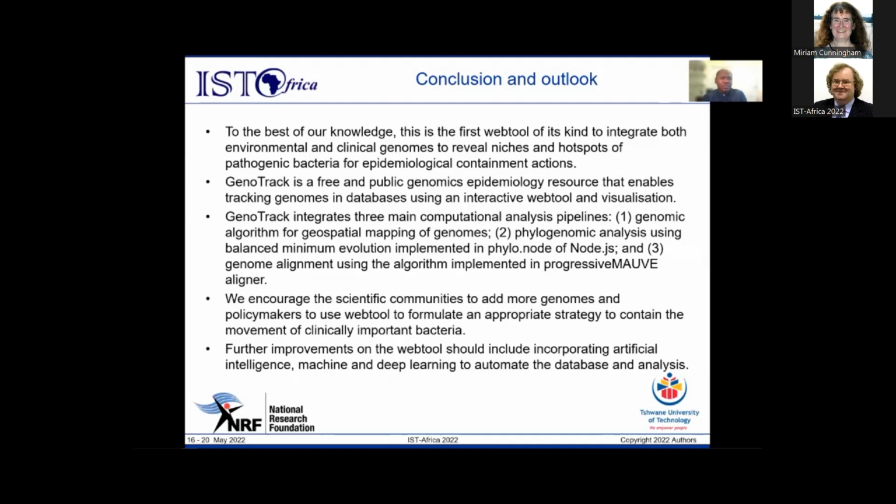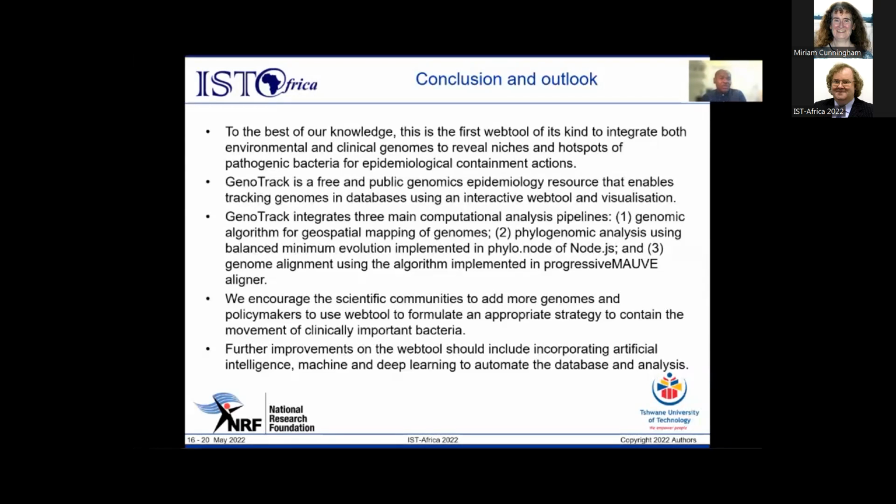GenoTrack integrates three main computational analysis pipelines. Firstly, you have a genomic algorithm for geospatial mapping of genomes. Secondly, you have phylogenetic analysis using balanced minimum evolution implemented in phylo.js of Node.js.